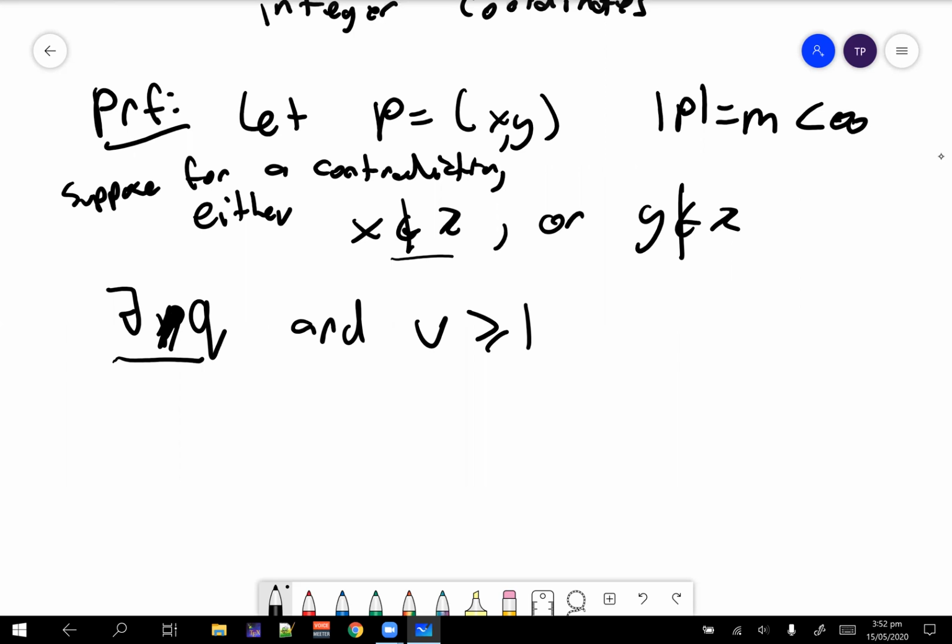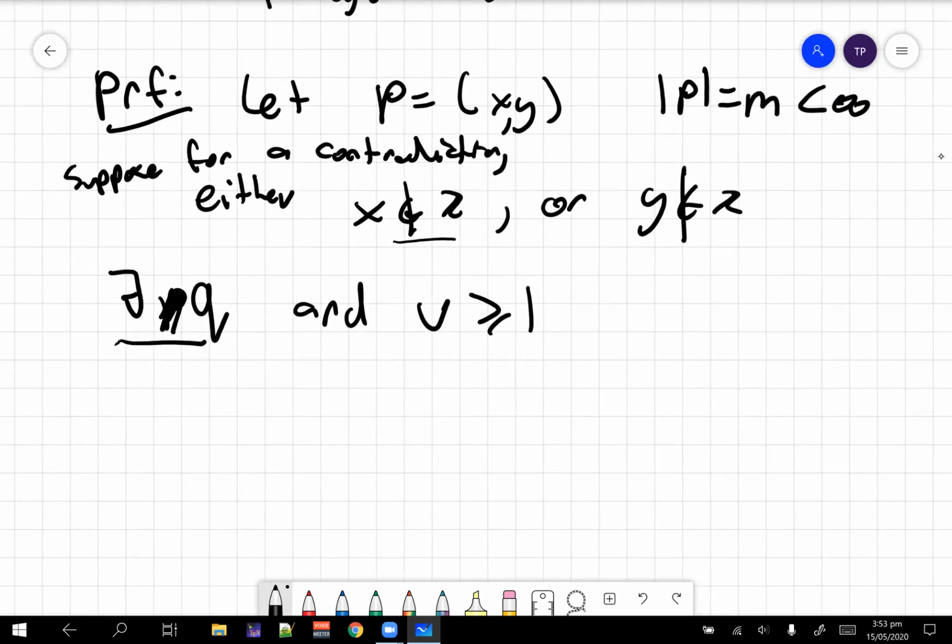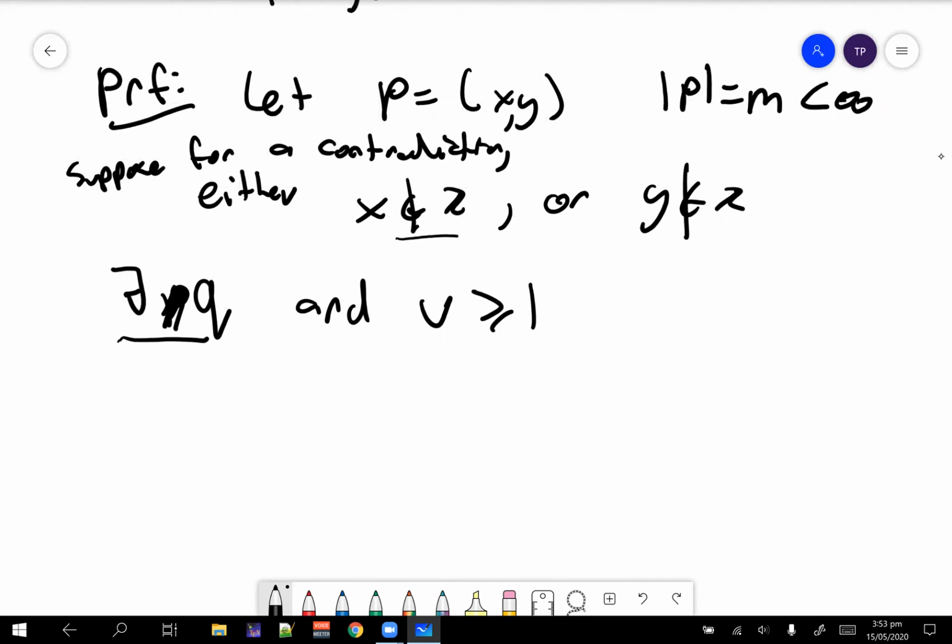Yeah, so assume there's some prime Q and some integer v greater than 1 such that our point P is inside Q to the v, but it's not inside the next one.